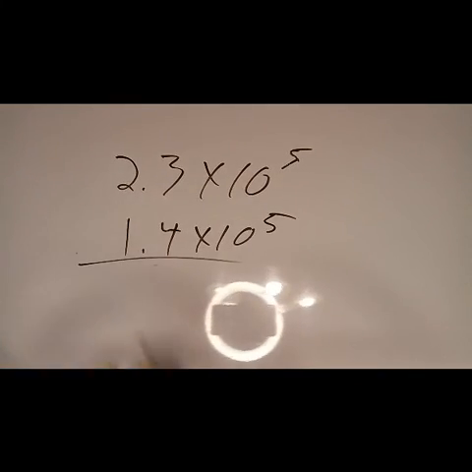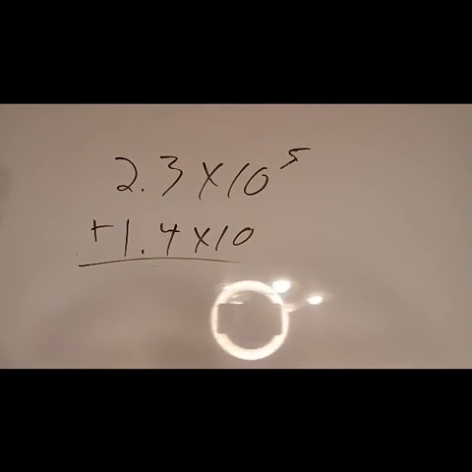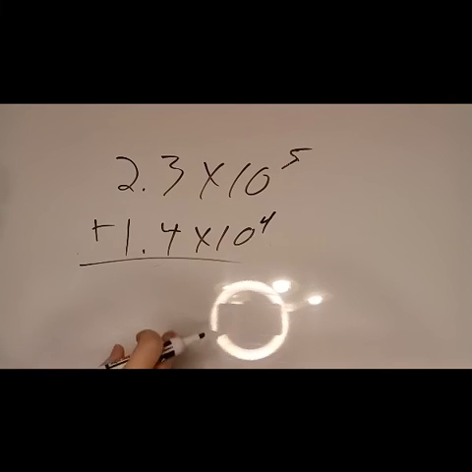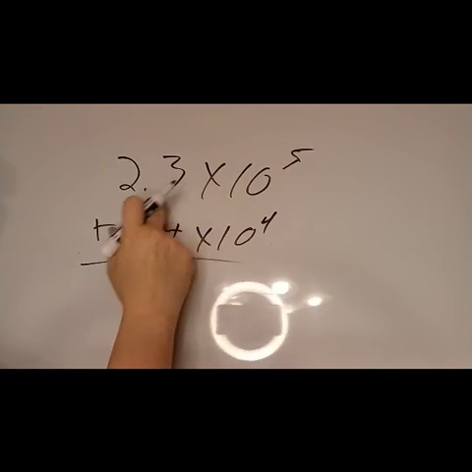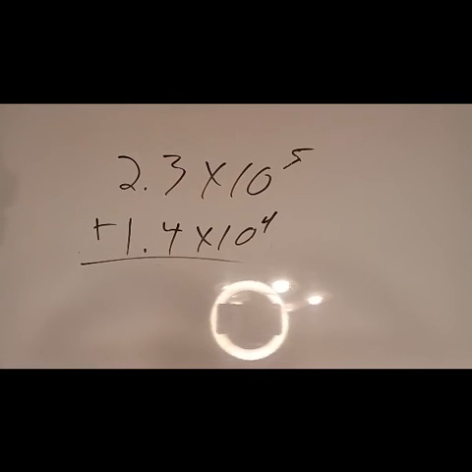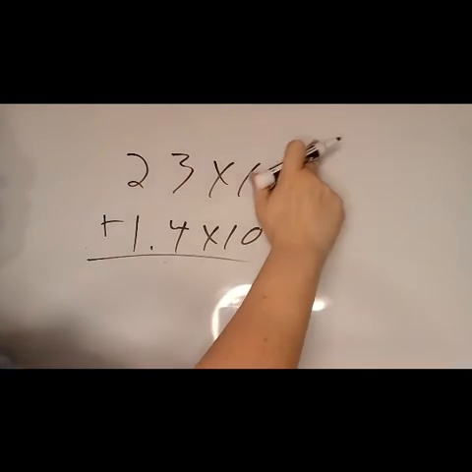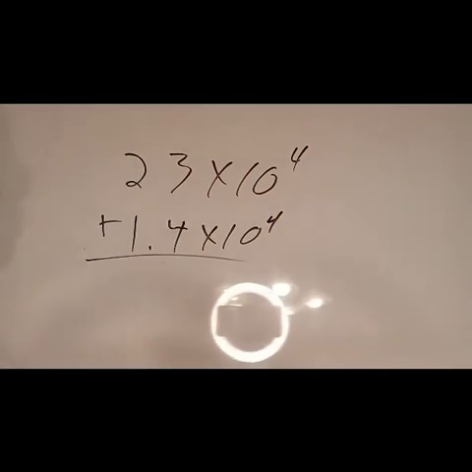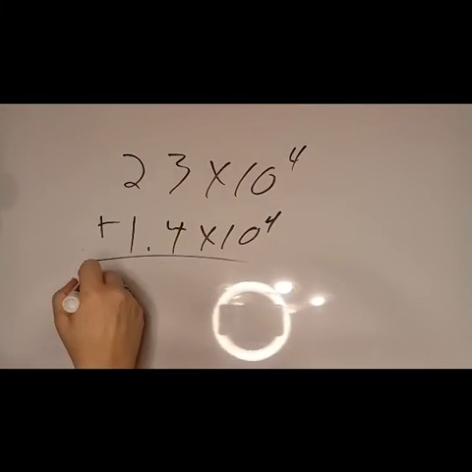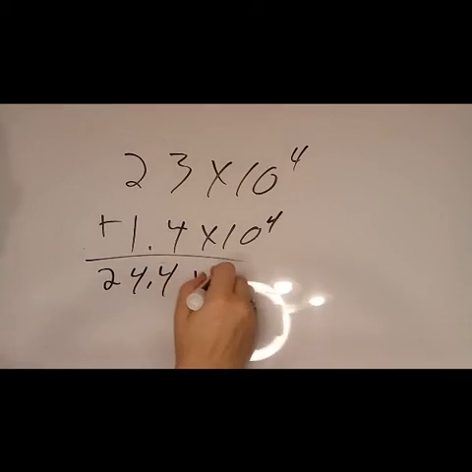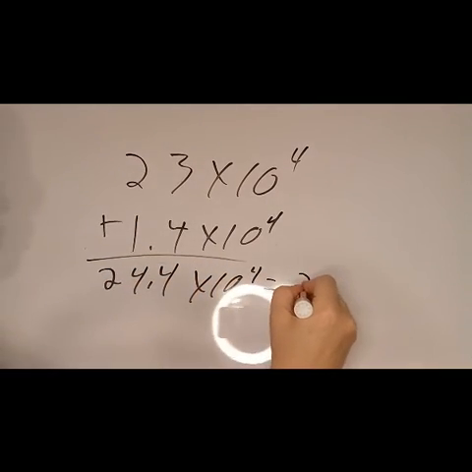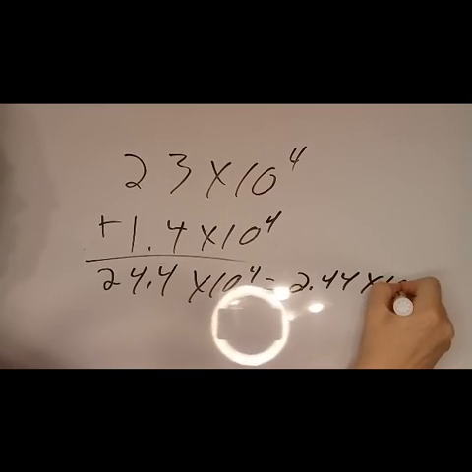All right, if we were adding, and this was 10 to the fourth, what we'd do is we would make it the same, either by moving this decimal over or moving this decimal over. We could make this 23 times 10 to the fourth, and then add 24.4 times 10 to the fourth, which is 2.44 times 10 to the fifth.